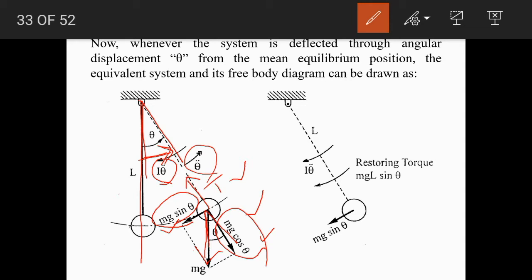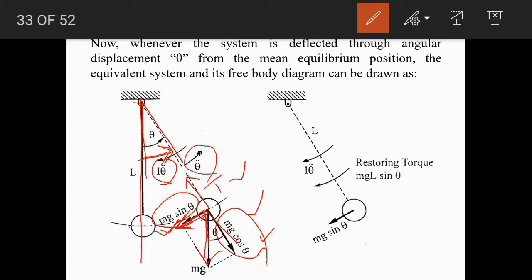Here the limited angular oscillation is due to the tangential component mg sin theta, which provides a torque of magnitude mg sin theta into L in the clockwise direction when viewed from the front.